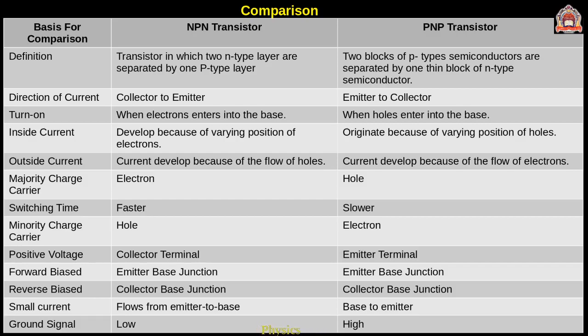Majority charge carriers in NPN transistors are electrons, whereas holes are the majority charge carriers in PNP transistors. Switching time of the NPN transistor is faster, whereas the PNP transistor is slower. Minority charge carriers in NPN transistors are holes, whereas electrons are the minority charge carriers in PNP transistors.